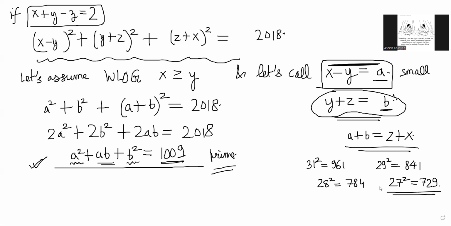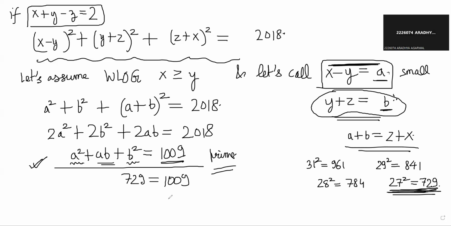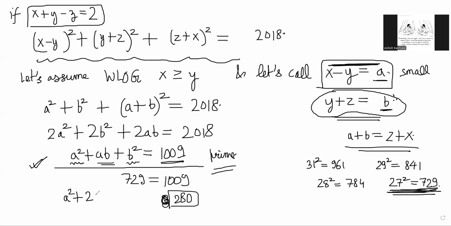Okay, if I use b square as 729, what will happen? What is the difference? It is 280, right? No, not 380. 280. So 280 should be a square plus 27a, right? Is there a solution for this?